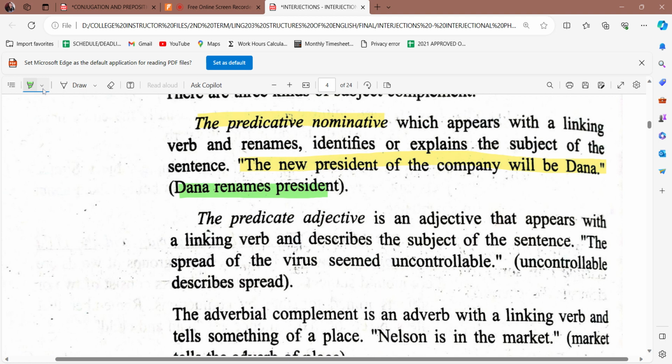Let's go to predicate adjective. A predicate adjective is an adjective that appears with a linking verb and describes the subject of the sentence.